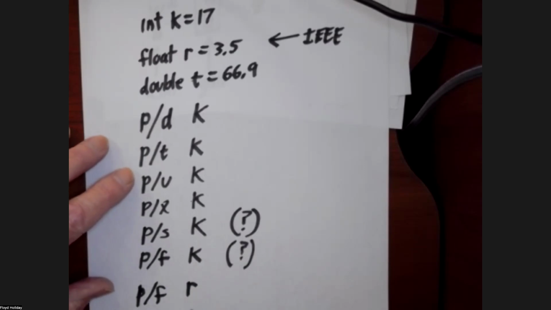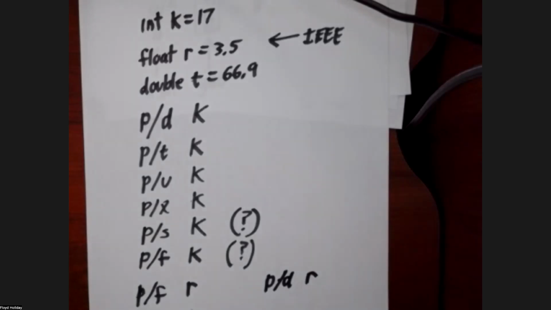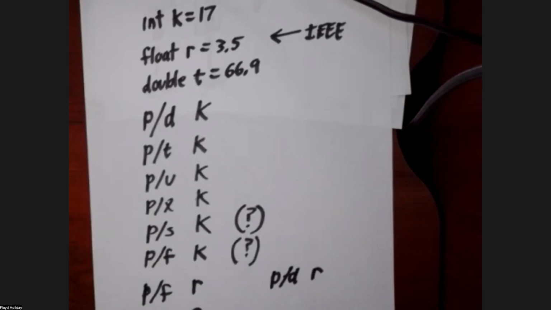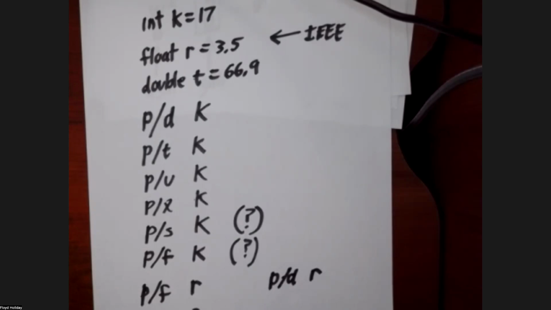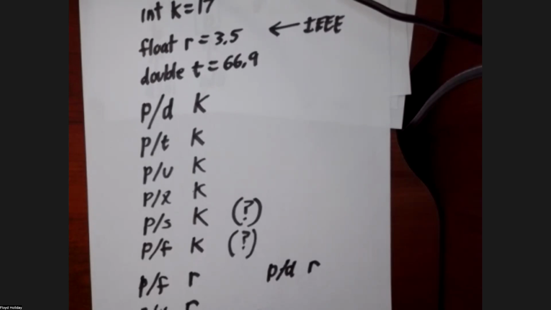I'm not even sure. But we could try it, outputting it as an integer, P/D R. Because all GDB sees is 64 bits laying there, and it wants to know how the user wants to view those 64 bits. Okay. I think this will make more sense when we actually do it live.